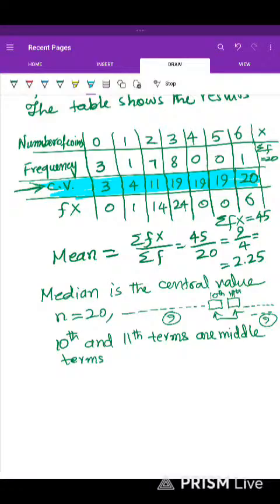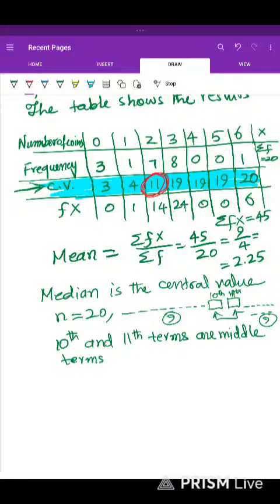It contains only 3 values. The next column contains 4 values. The next column contains 11. So the 10th and 11th values lie here, in the red encircled column, because the previous contains 4 values only.